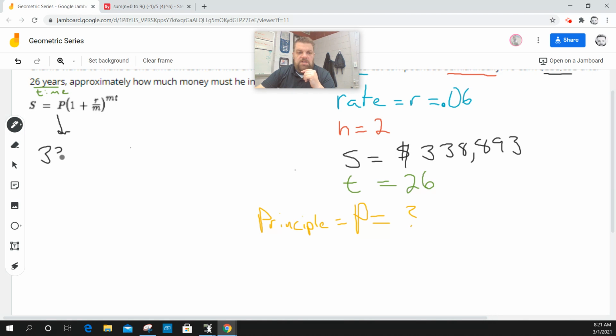So we're going to say 338,893 is equal to P times the quantity 1 plus the rate, 0.06, all over. Are they using M instead of N?